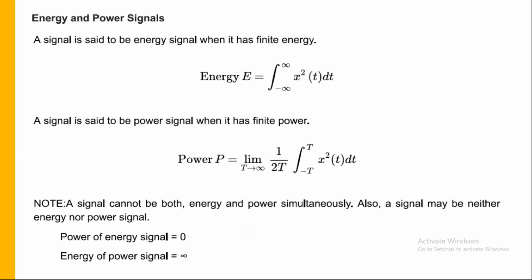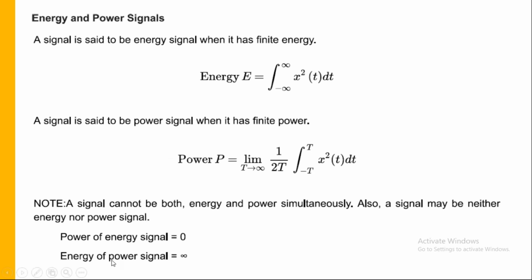This is very important, please make a note of it. So there is a contradiction here. A signal cannot be both at a time. It can be either an energy signal or a power signal, but the power of an energy signal is 0, and the energy of a power signal is infinite.